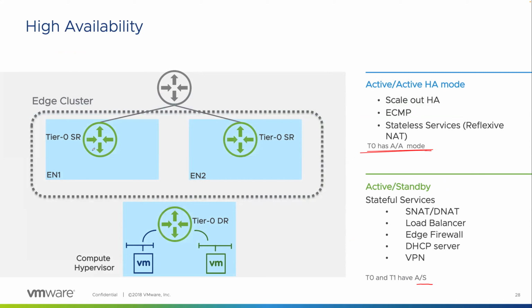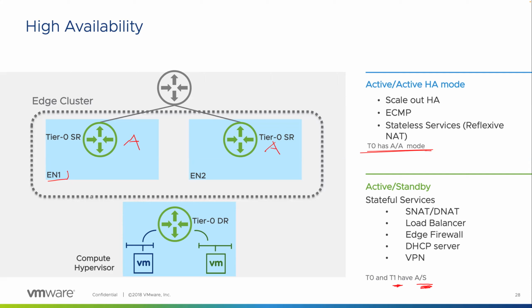That means when you assign tier 0 to the edge node, we can create this pair of tier 0 with AA mode. That means both tier 0 routers are working at the same time for packet forwarding. But tier 1 only has active-standby mode.